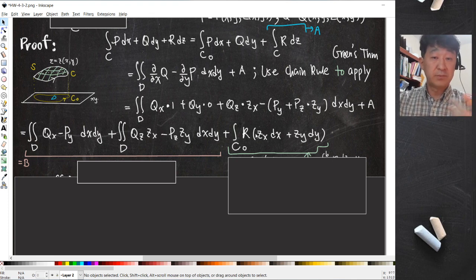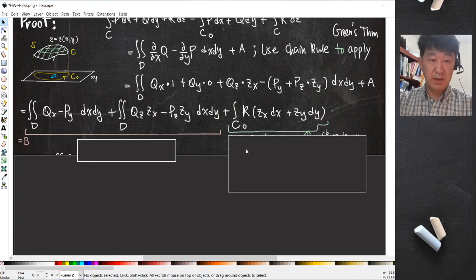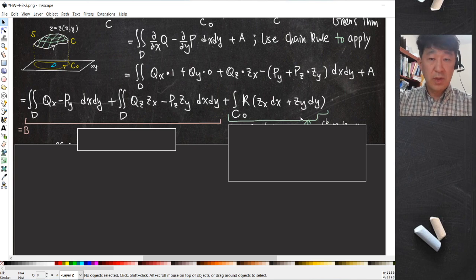Now with that one, and with z equals z of xy, everything is in terms of xy, so we can safely change that to C0, bottom there. So even that one, we're going to apply the Green's theorem. This has a dx and zx, and this rzx you can look at as a P, and rzy you can look at as a Q in the Green's theorem, and apply the Green's theorem one more time there.